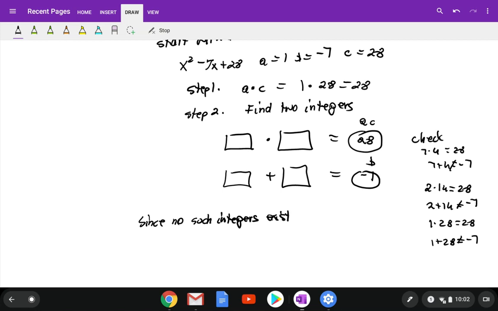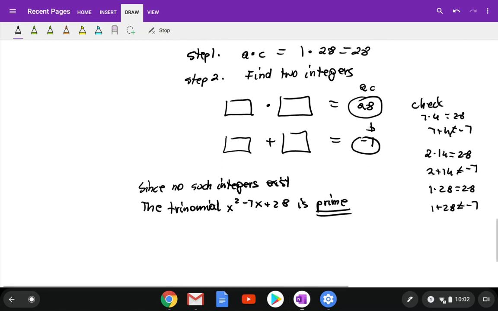Not every polynomial can be factored. Trinomial stands for a polynomial that breaks down into 3 expressions. So the trinomial x squared minus 7x plus 28 is prime, like prime numbers; it can't be factored.